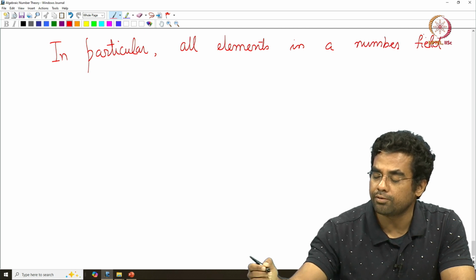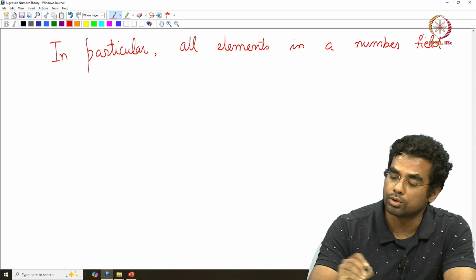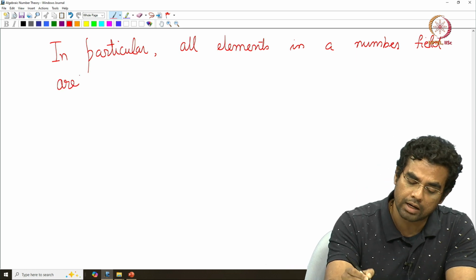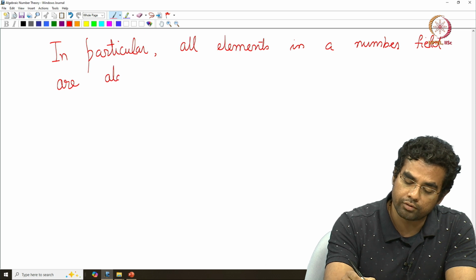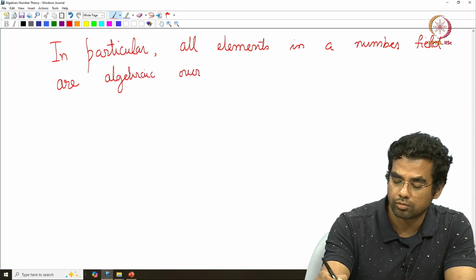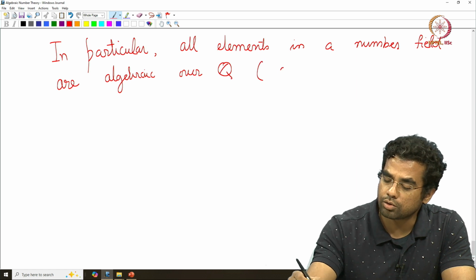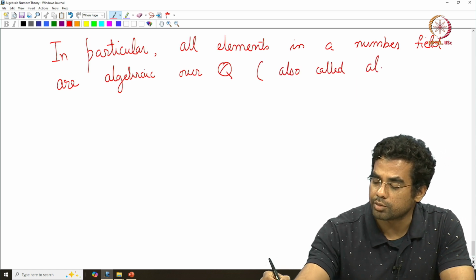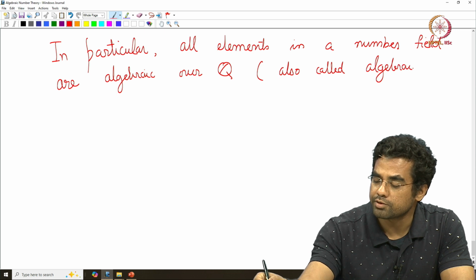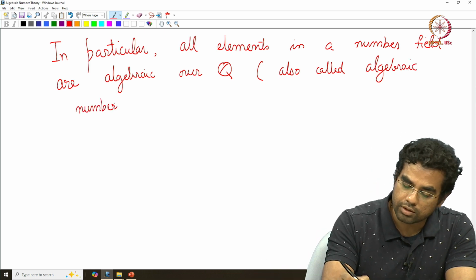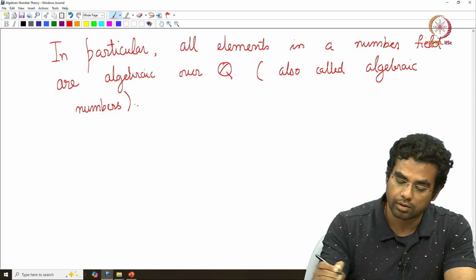Remember, we defined number field as a finite extension of Q. So, all elements in a number field are algebraic over Q. These are also called algebraic numbers. Sometimes we just call them algebraic numbers when we do not want to say over Q. Okay.